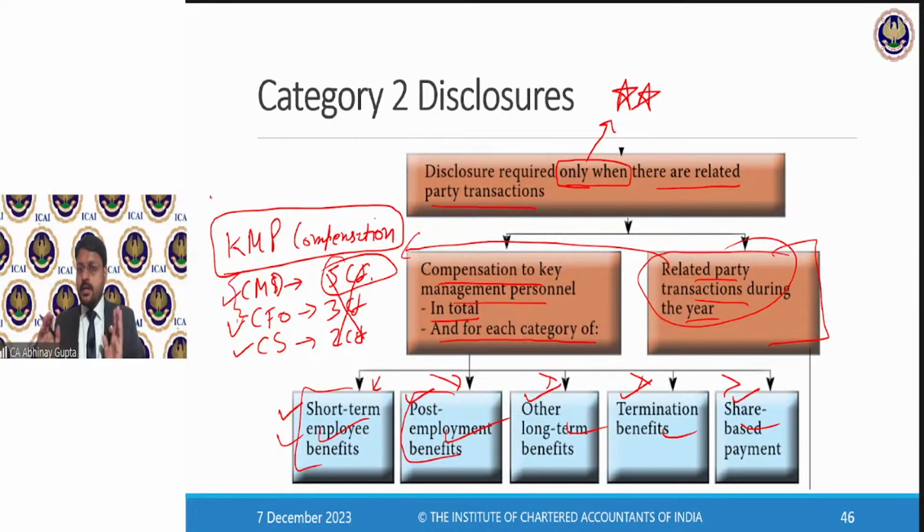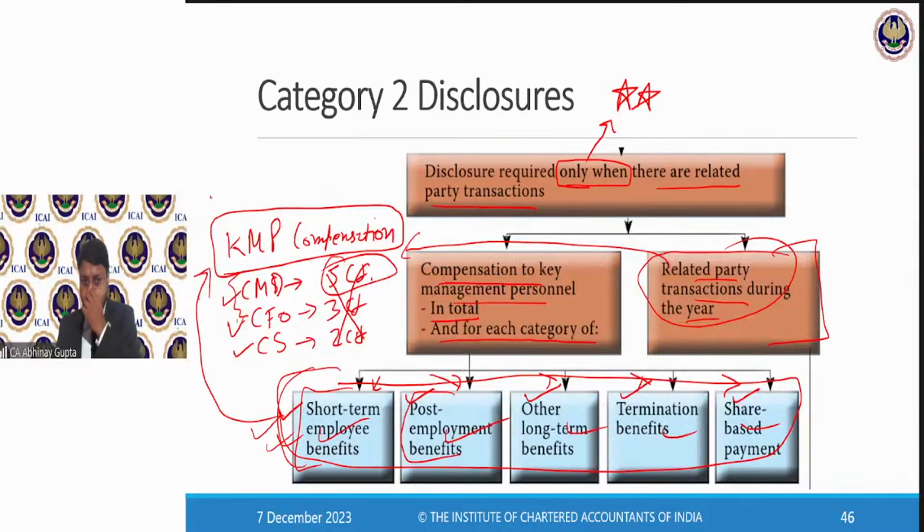KMPs will anyway be disclosed, because we are giving them compensation. By virtue of paying compensation, there are transactions, so the KMP listing needs to be disclosed. And this is the category by which we will be disclosing. If apart from this compensation there are any other services, that also needs to be disclosed.